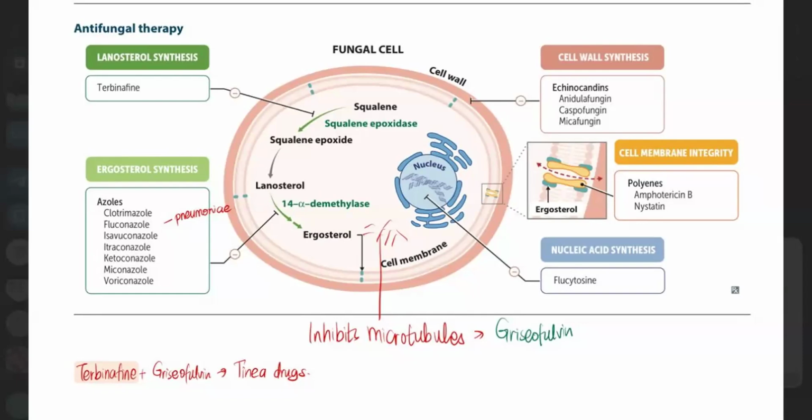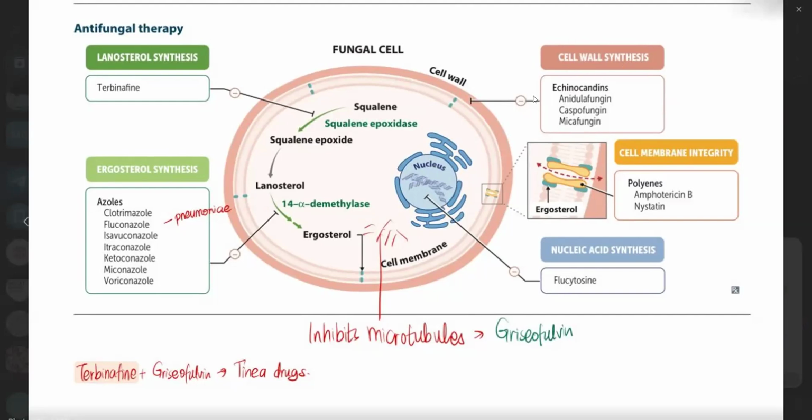They end in the word fungin. The most common is usually caspofungin. We have micafungin and anidulafungin, okay?